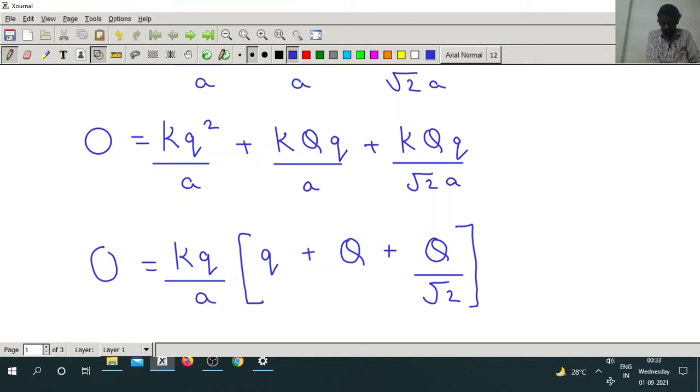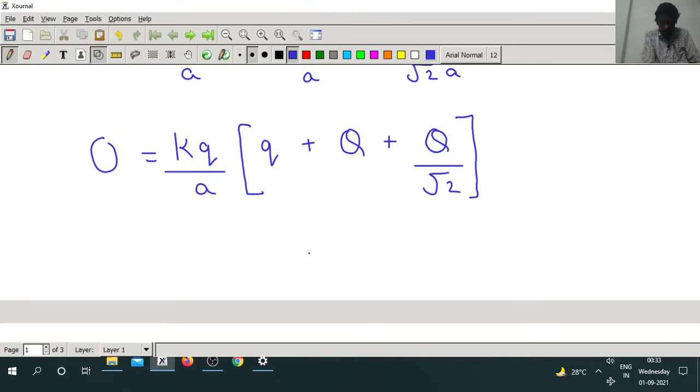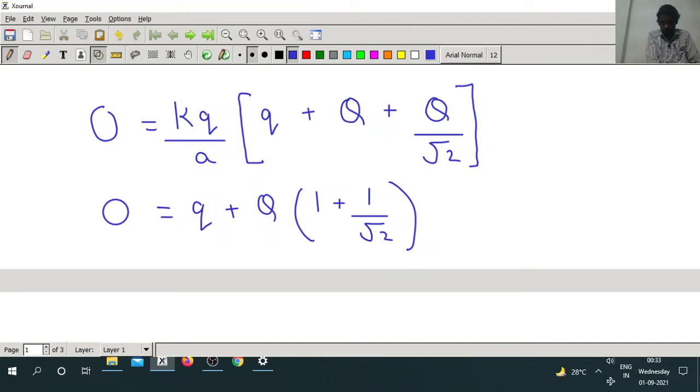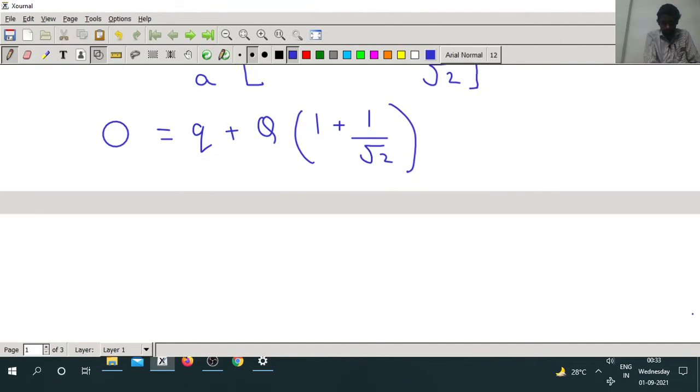When we solve this, it becomes 0 is equal to q plus capital Q common, that is 1 plus 1 by under root 2. Therefore, when we take the small q to the left side, it becomes minus q equal to capital Q into under root 2 plus 1 upon under root 2.